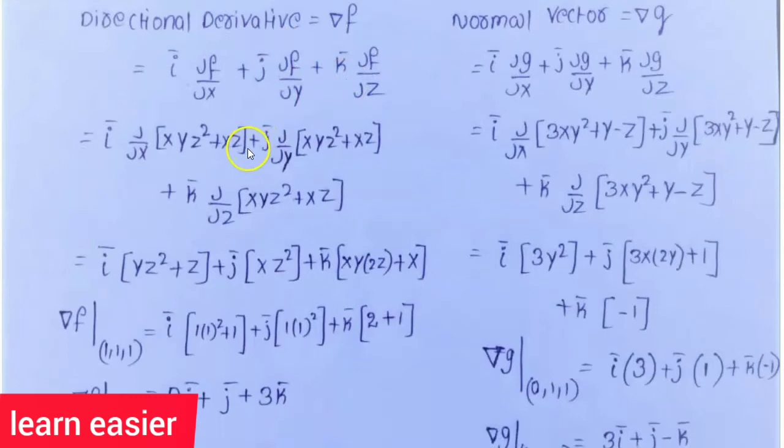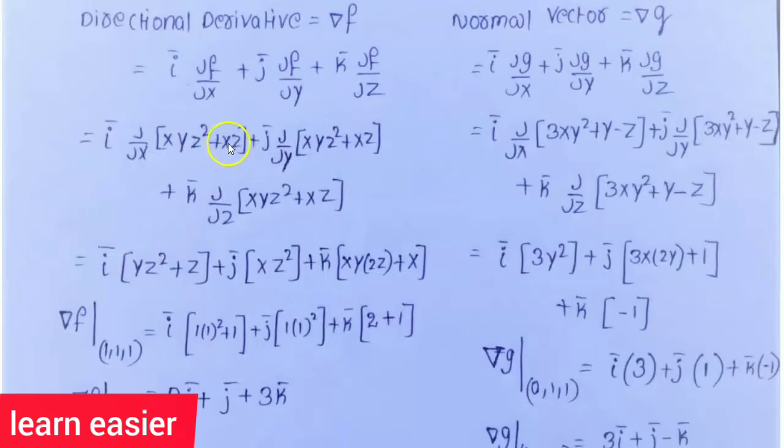After substituting f in this equation, we now differentiate with respect to x, taking y and z as constants. This term contains x, so the derivative of x is 1, so 1 into yz square is yz square.